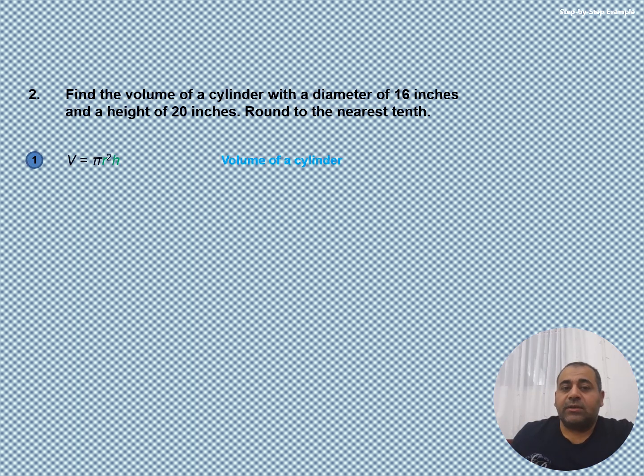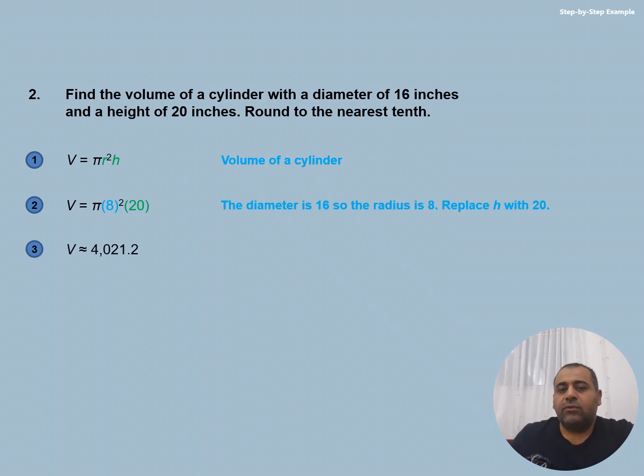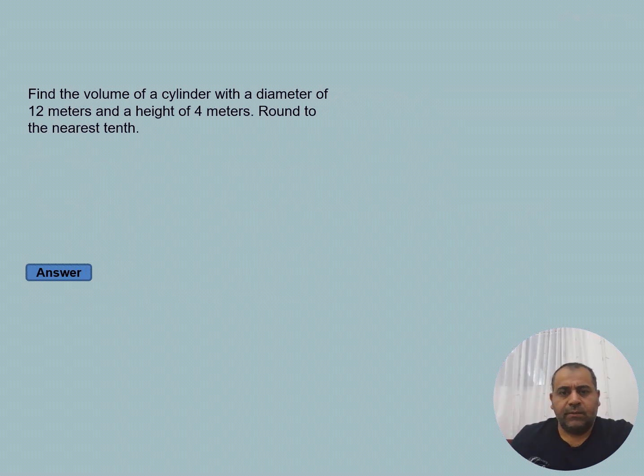So my answer now is the volume is pi multiplied by 8 squared, multiplied by 20. Using the calculator, the volume is 4021.2 inches cubed. This is my answer.